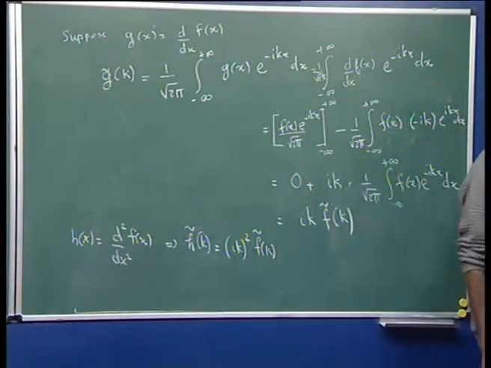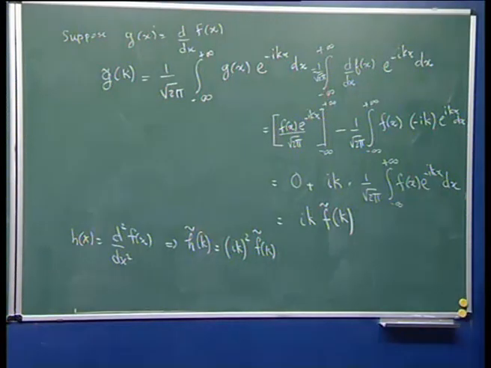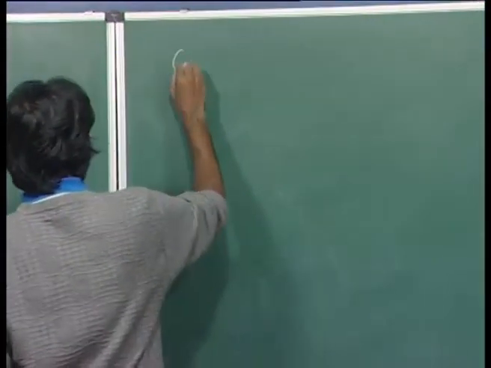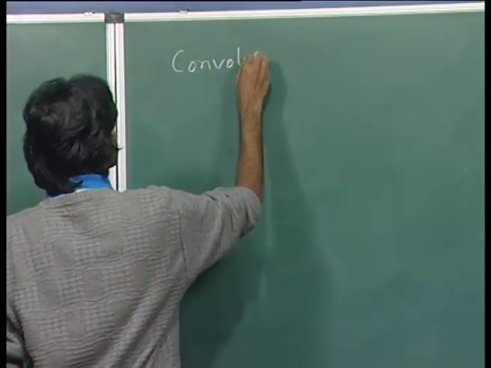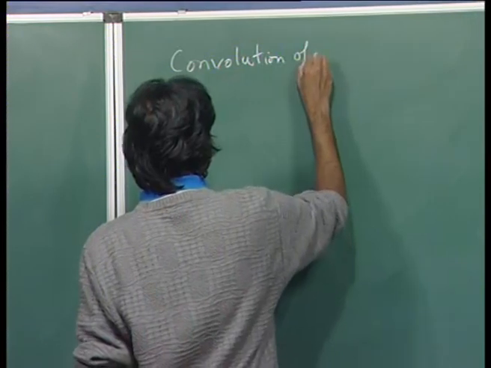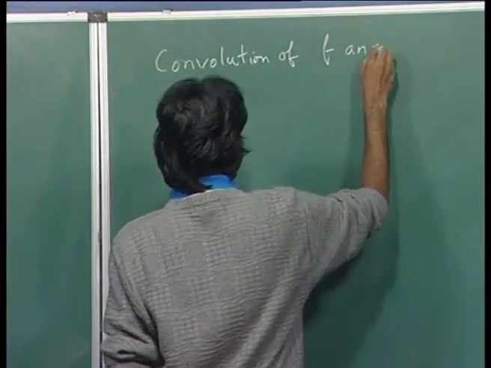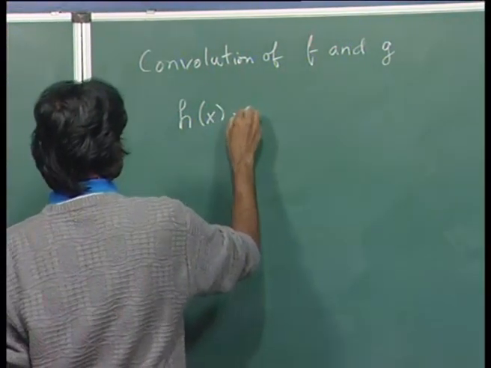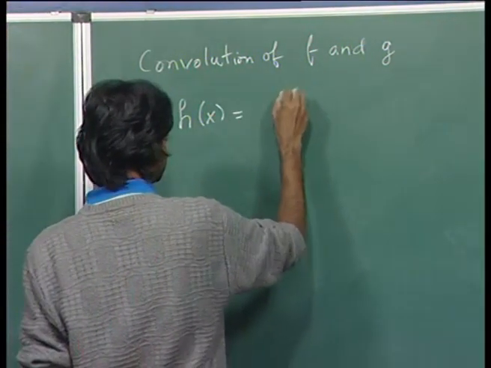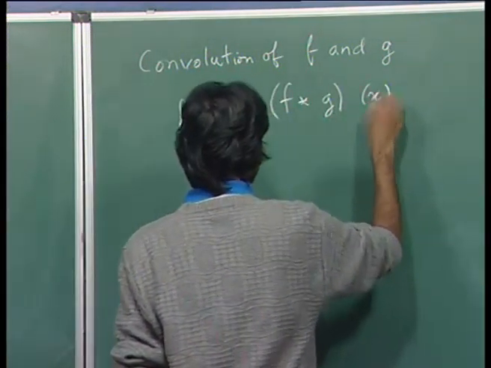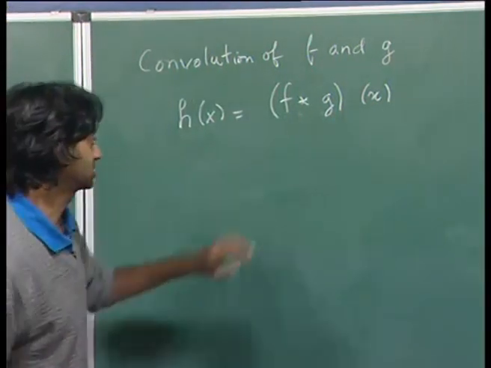The next property that is very useful is the following. Let us define the convolution of f and g. This is h of x, denoted by f star g, and it is a function of x.